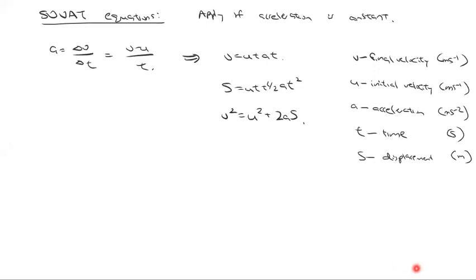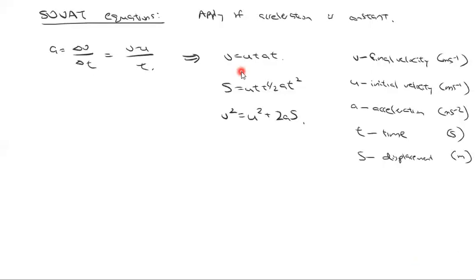Now you also need to be clear with your graphs. With the equations, I don't think you have much trouble, so I didn't really go through it. But for example, if you've got v, u, and a, and you want to find t, then you use this equation. Each equation has 4 things, so if you know 3 out of those 4 and you want to find the 4th, pick that equation.